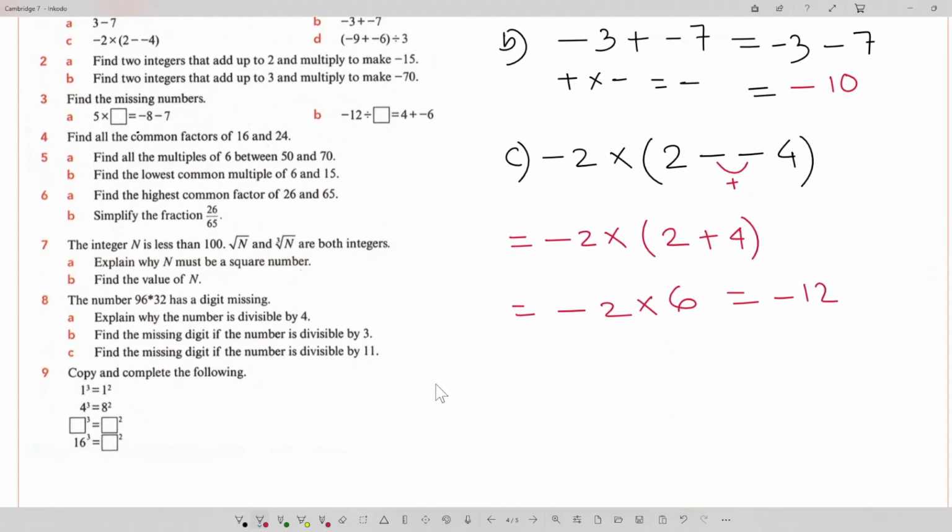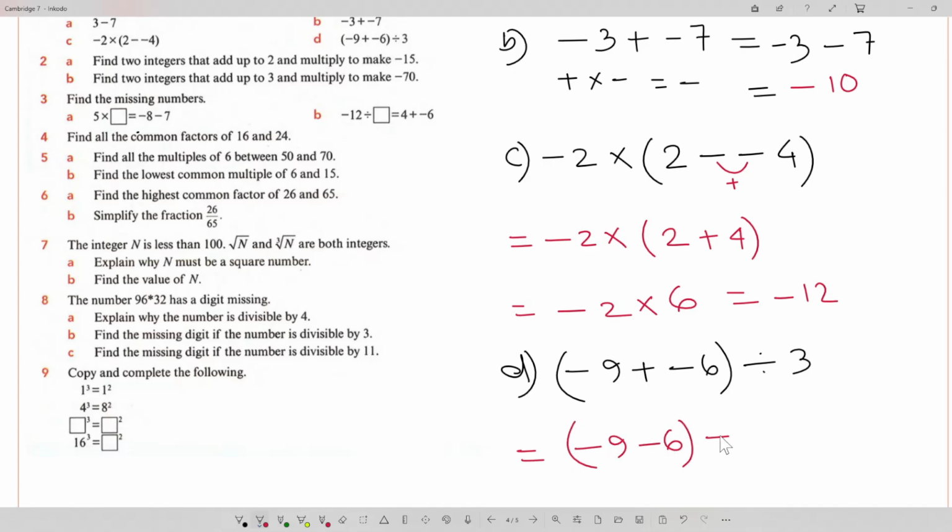Okay. Then number D, minus 9 and then plus minus 6, then divide by 3. So first, here is minus 9 and then plus and minus, minus 6, divide by 3.